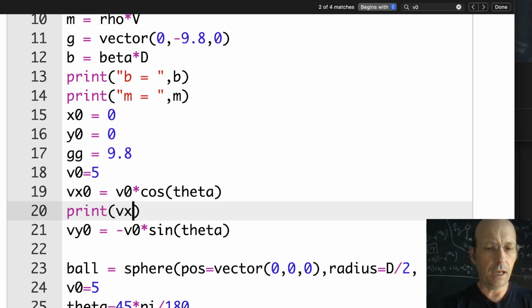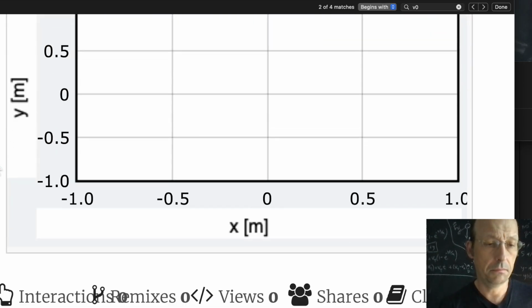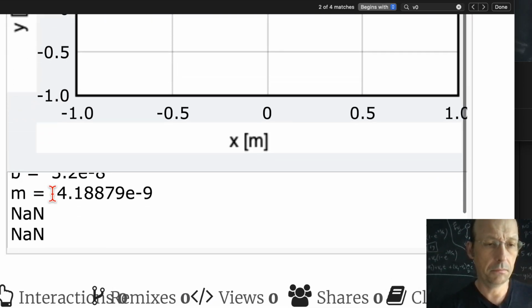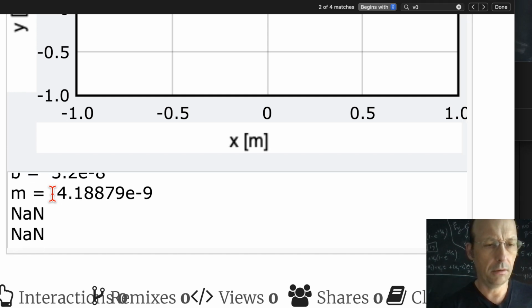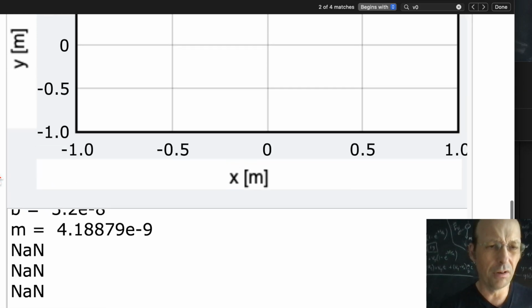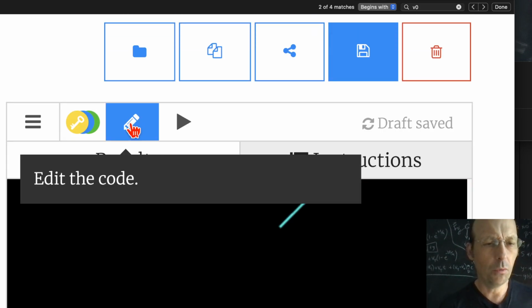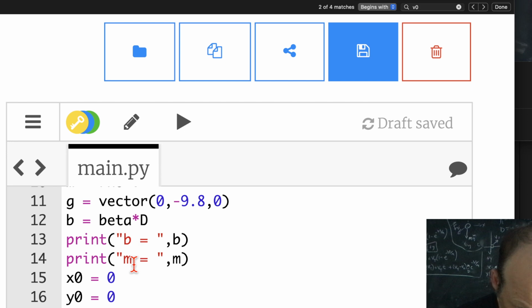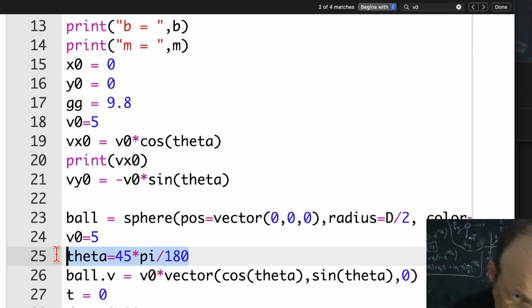Print Vx0. I didn't print it. It's not a number. What is wrong with you? Oh, do I not have theta? Oh my gosh. That's why.